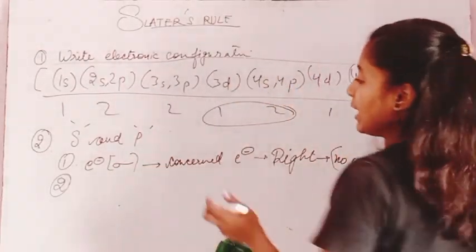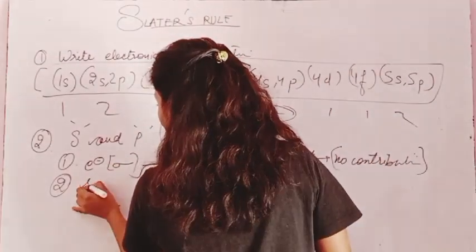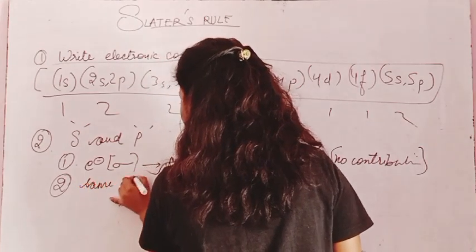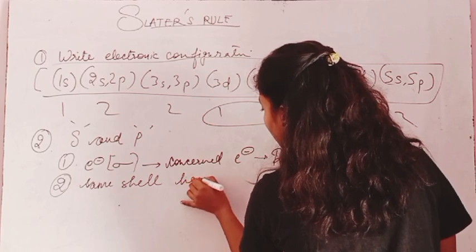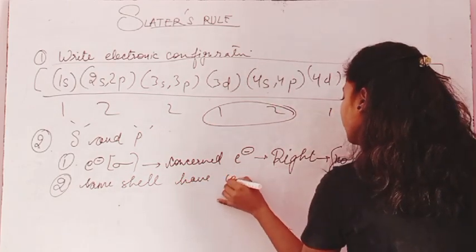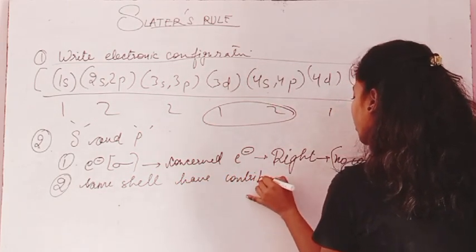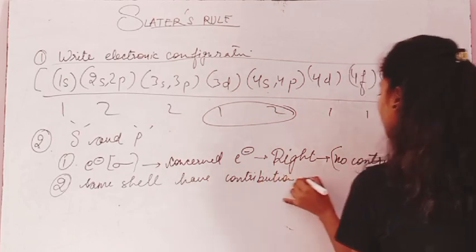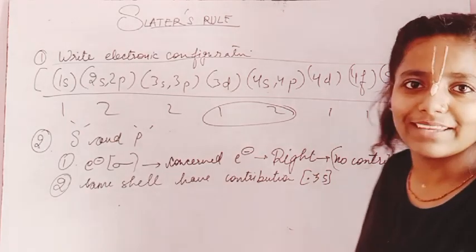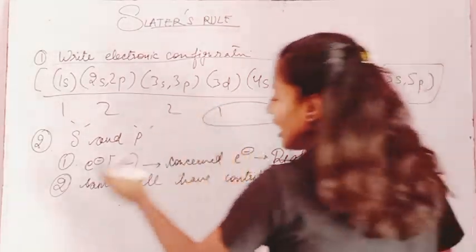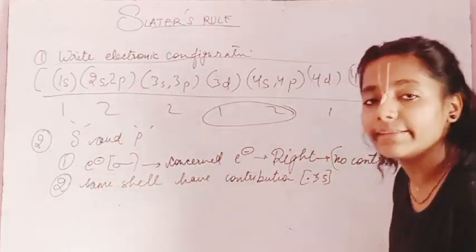Now the second point: electrons in the same shell have a contribution of 0.35. Same shell has a contribution of 0.35.